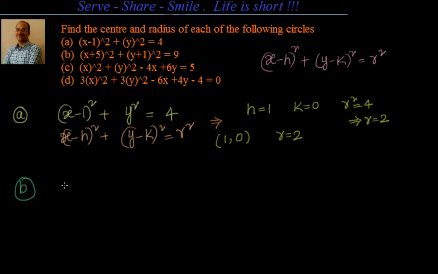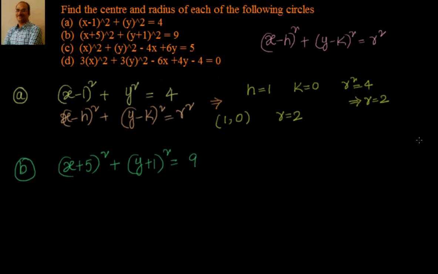We have x plus 5 whole square plus y plus 1 whole square equal to 9. So what's the equation we have to compare this with? x minus h whole square plus y minus k whole square equal to r square. Let's do the comparison.